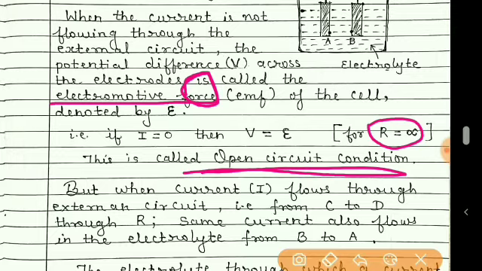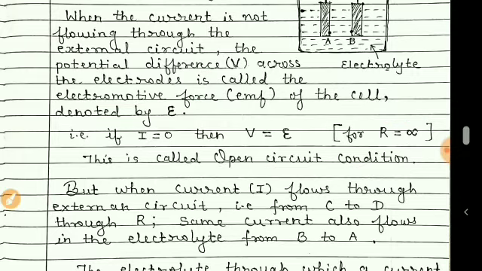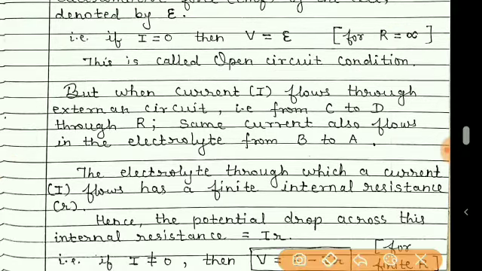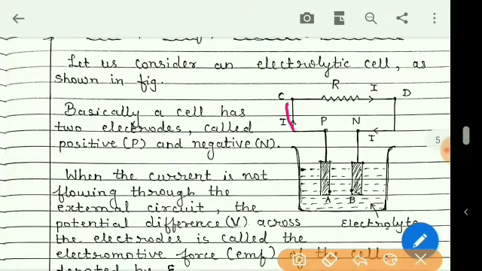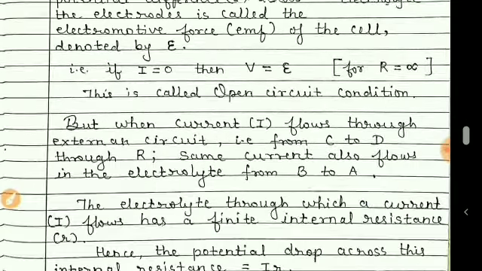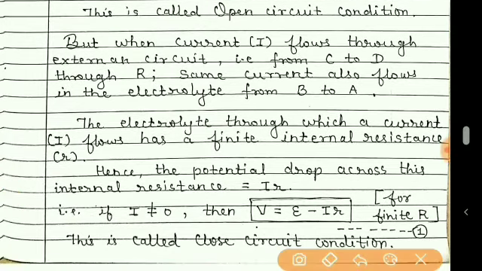Now what happens when the switch is made on? When the switch is made on, at that time current I flows through the circuit, and it flows through R also. It also flows inside the electrolyte, and we know that inside the electrolyte there is some resistance called internal resistance, and so there is some potential drop across that internal resistance r.